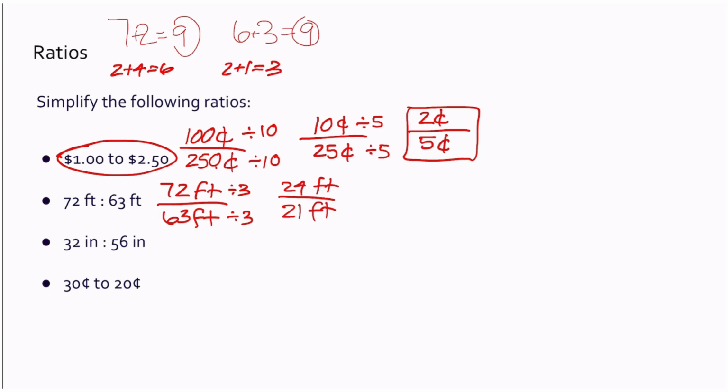So they're both divisible by 3 again. 24 divided by 3 is 8. And 21 divided by 3 is 7. And now, here I am, 8 feet to 7 feet is my most simplified form.